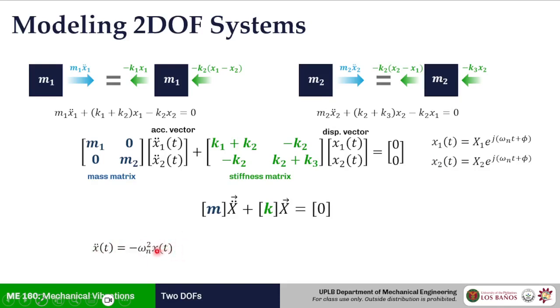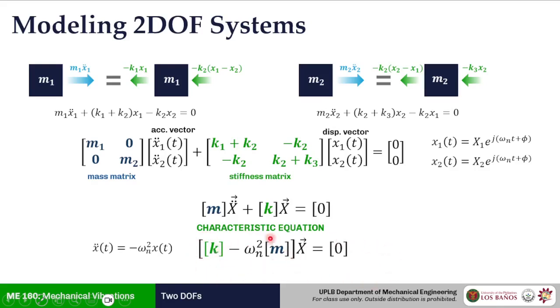So we can substitute this relationship into the m term, the mass term. And if you do so, you can actually combine these two separate matrices into one. So here they are. They are now combined as a single matrix, multiplied to our vector, and then it equates to a zero vector. We call this entire thing our characteristic equation.